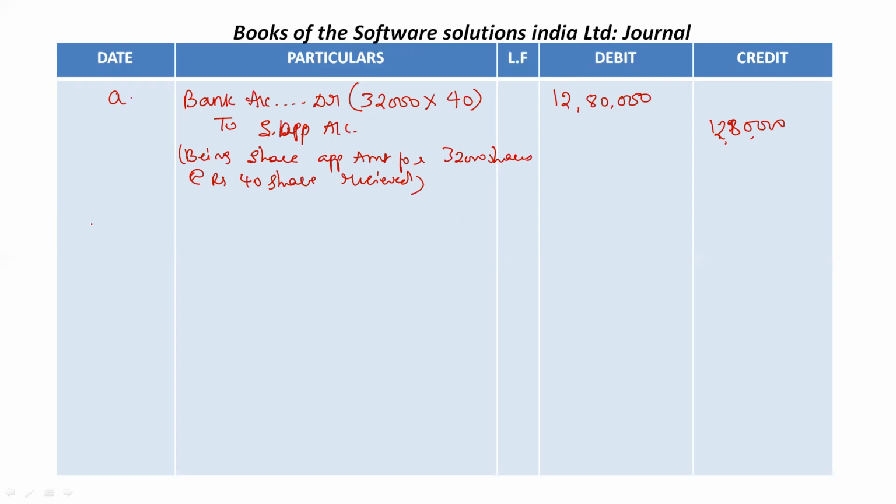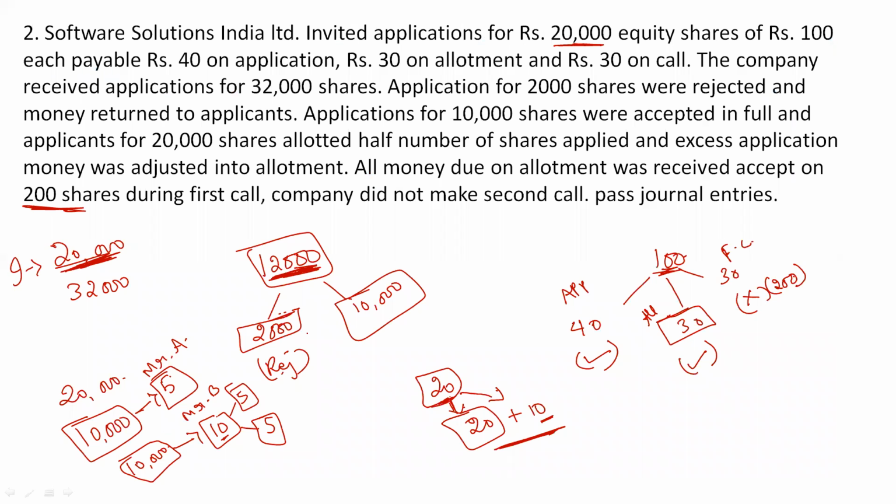Now, while transferring the amount into the share capital account, this point is important. Share application amount is transferred to the share capital account. So share application account debit to share capital account, this is the basic entry. But this is the case of oversubscription, so there is pro rata allotment also, and there are certain rejected shares also.